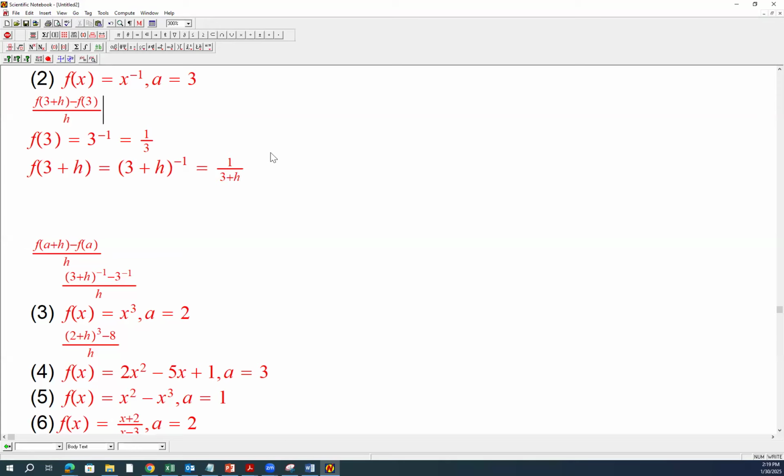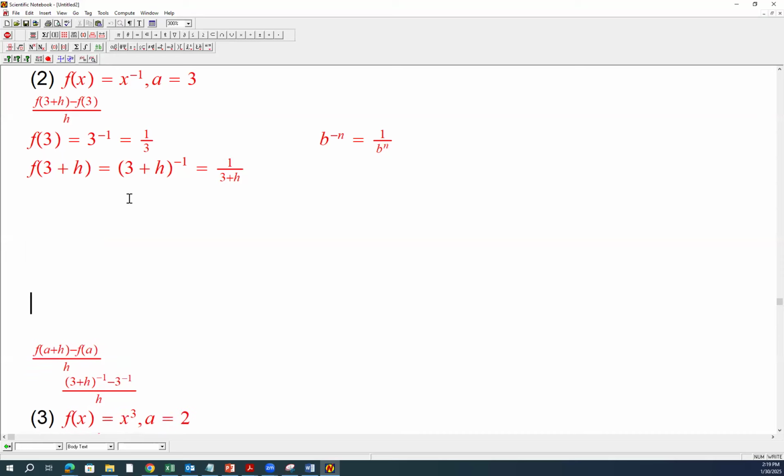Well, in our algebra class, we have learned that b raised to the power of negative n is equal to 1 over b to the power of n. n can be any number. So that's something we're going to make association with.